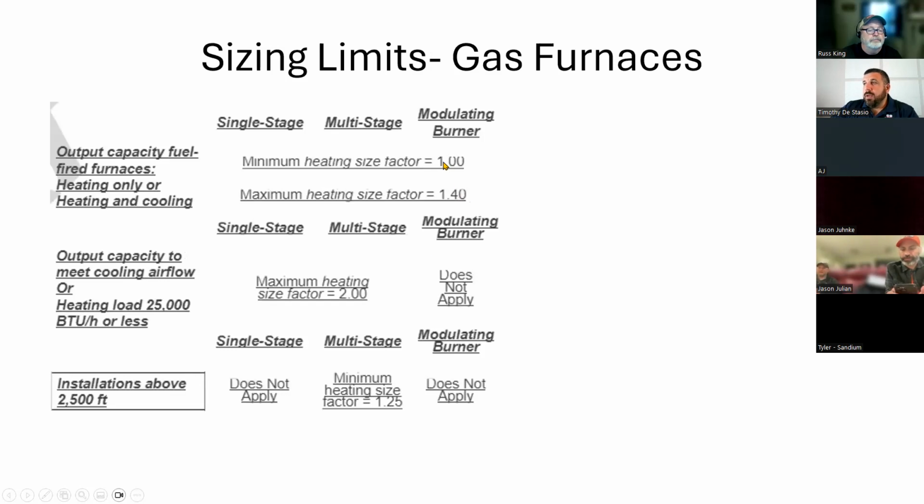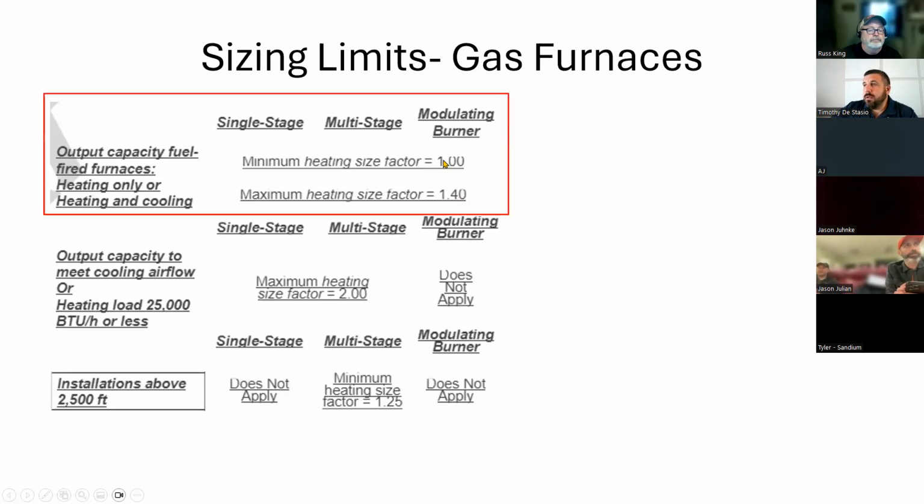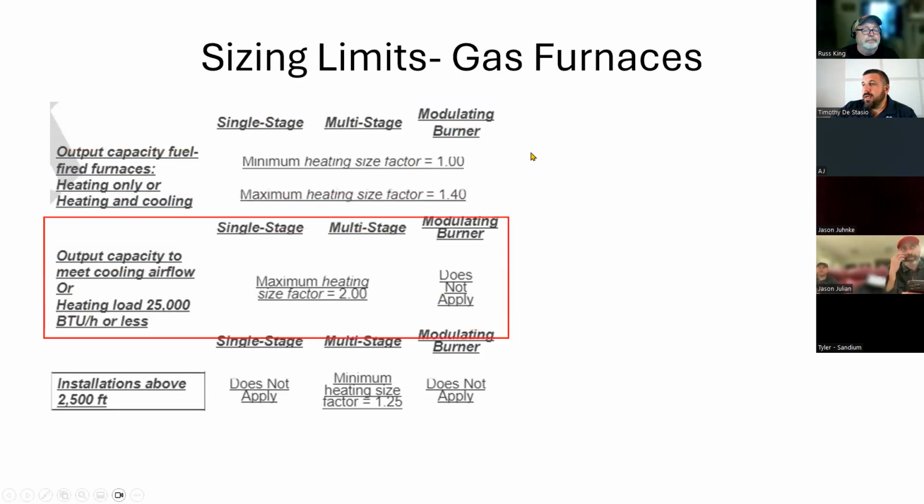So let's take an easy one, gas furnaces. This applies to single stage, multi-stage, and modulating burners. Minimum heating size factor is 1.0. That means they want you to have at least enough heat output from your furnace to match your heat load, right? That makes sense. If you need a bunch of heat, then you need to be able to produce a bunch of heat. Then it gives us some guidelines here.